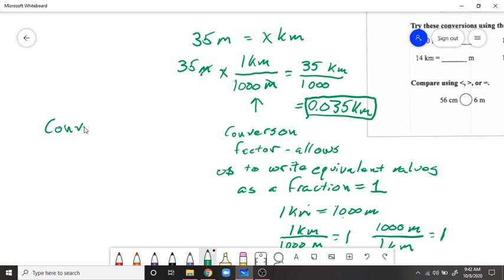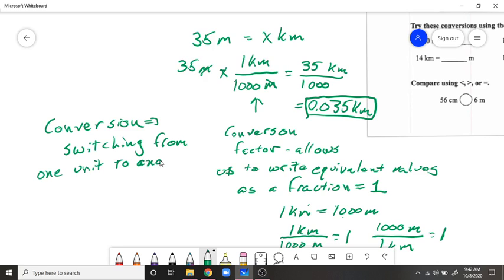Conversion is switching from one unit to another using conversion factors, equivalent fractions.